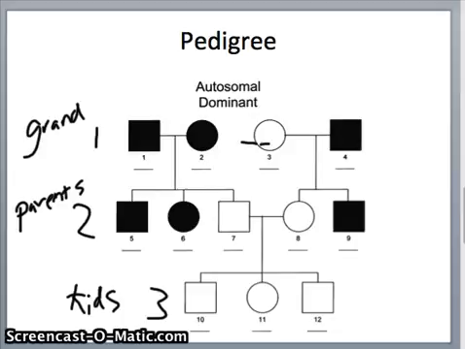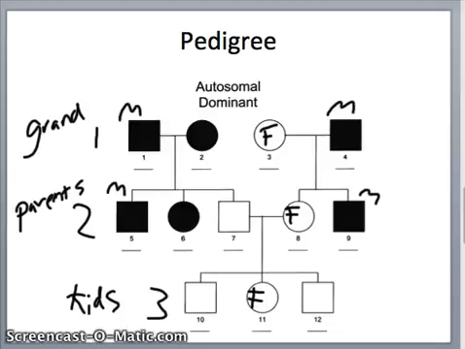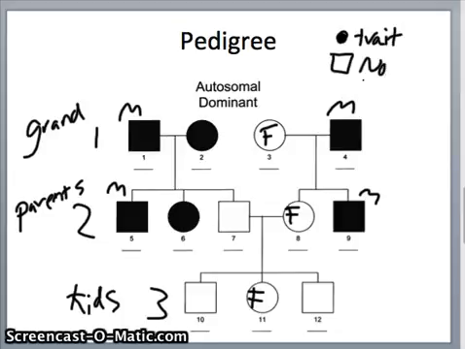The other thing you need to know is that circles are females, so all these people are females, and males are squares, so all these are males. The last thing you need to know is that the people who are colored in have the trait, and the people who are not colored in have no trait.